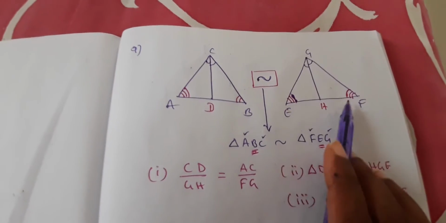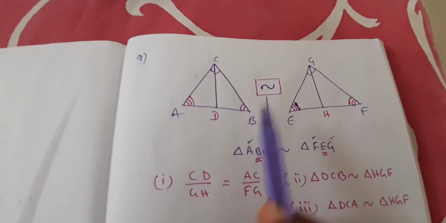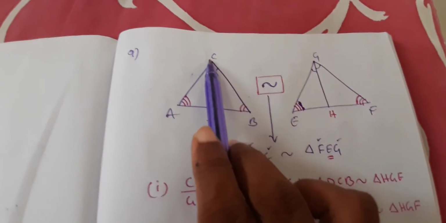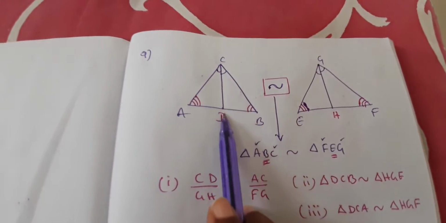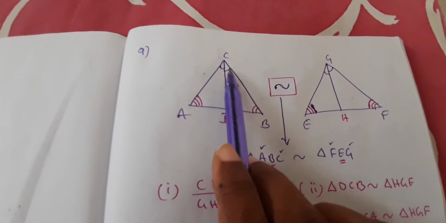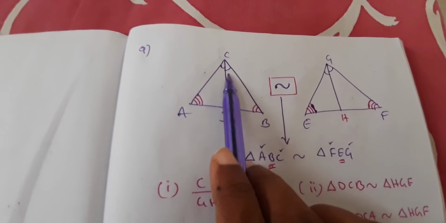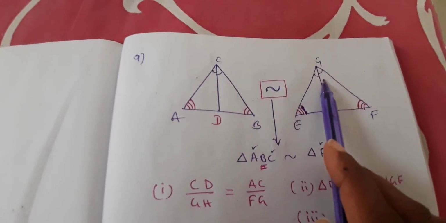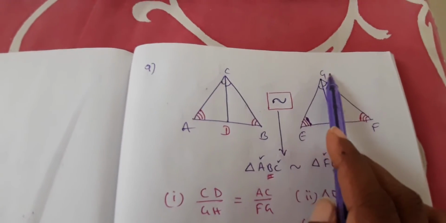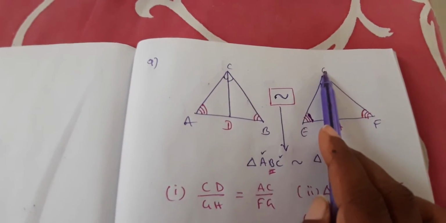Right, since they are similar, so we know that angles are equal. So angle C is equal to angle G. Now it is given that this is a bisector of this angle. Means this is dividing this angle into two equal halves. Here also same condition. Suppose if this is 60 degrees, angle C, then definitely angle G is also 60 degrees.